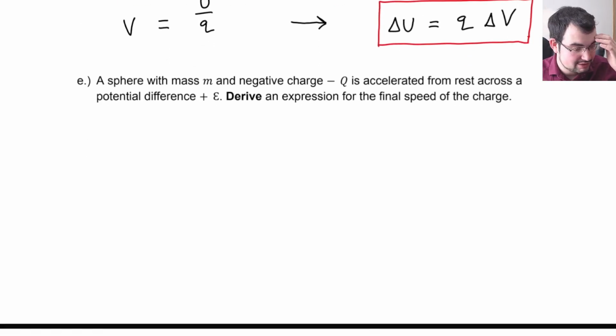A sphere with mass m and negative charge negative q is accelerated from rest across a potential difference of script E. Derive an expression for the final speed of the charge.